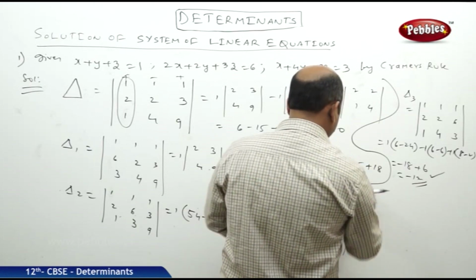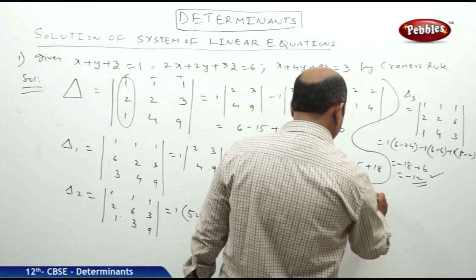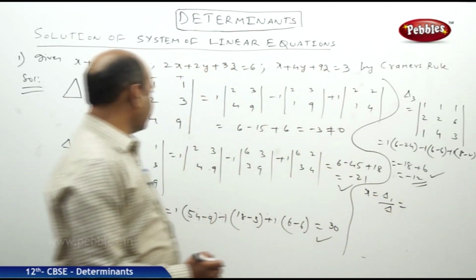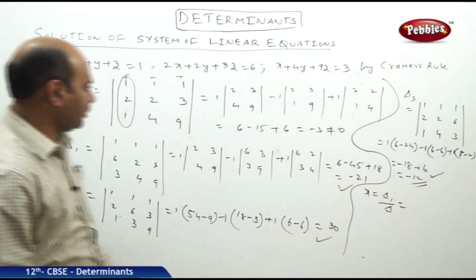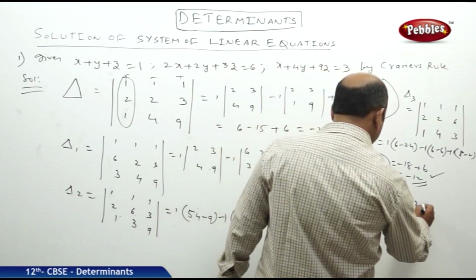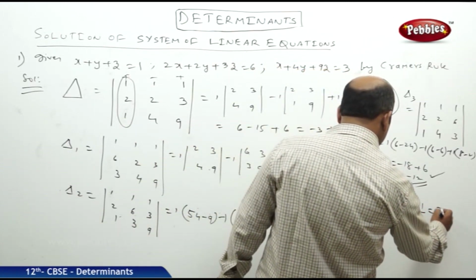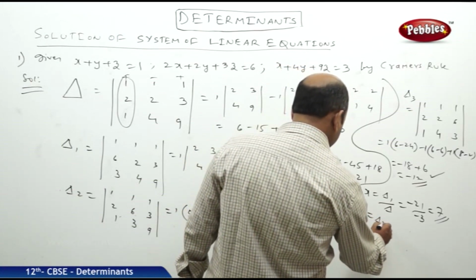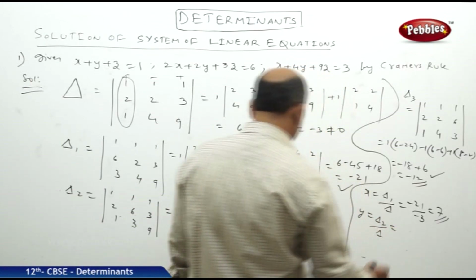Therefore, here we should be careful. x is equal to delta 1 by delta. Delta 1 means minus 21. Minus 21 by minus 3 means 7. And y is equal to delta 2 by delta.